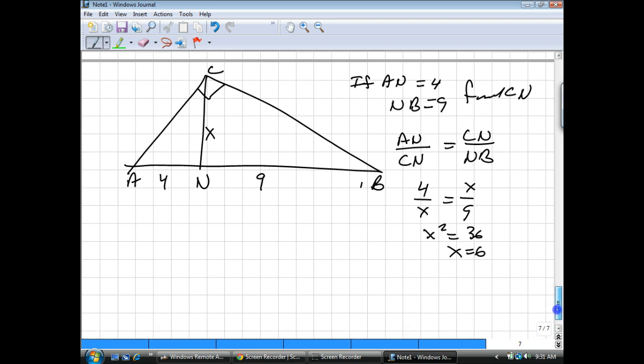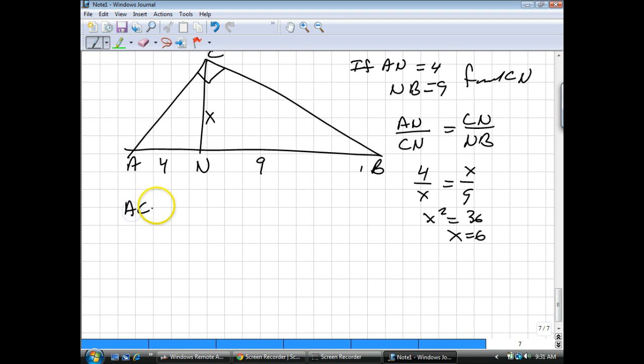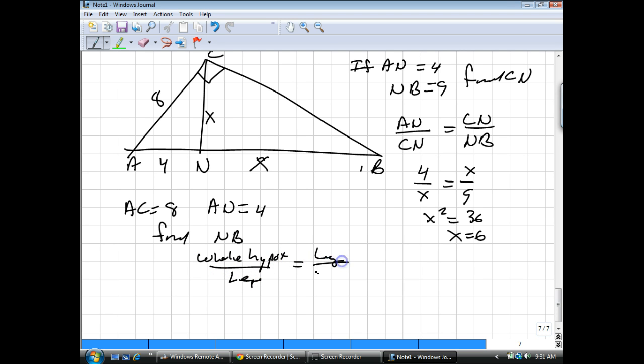Okay? Using the same triangle, if AC equals 8 and AN equals 4, find NB. So this one is x, and AC is 8. Okay? So for this one, remember it's the whole hypotenuse is to leg, as the leg is to segment adjacent. Okay?